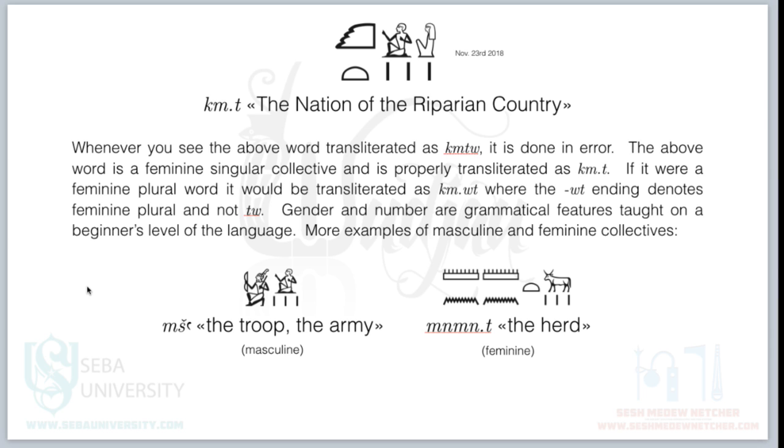And I'll say it now, that there's absolutely no debate at all. The reason why is because the word Kemet as a name for the country or the kingdom or the polity is a toponym. It is a place name. It is a location.